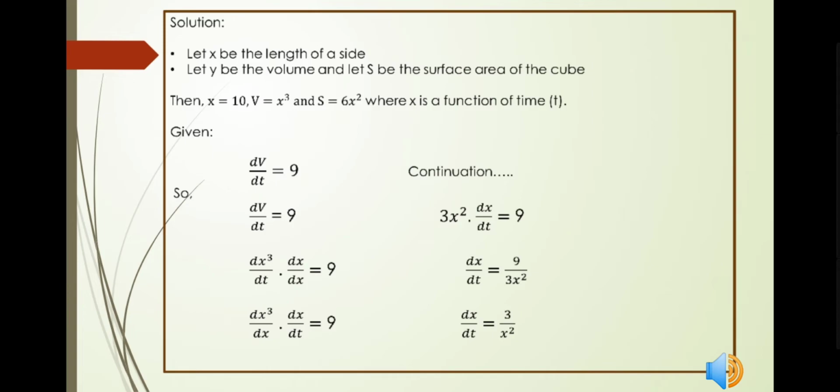Then differentiating x cubed, we obtain 3x squared times dx over dt equals 9. Then dx over dt equals 9 over 3x squared. So, we can obtain now dx over dt equals 3 over x squared.